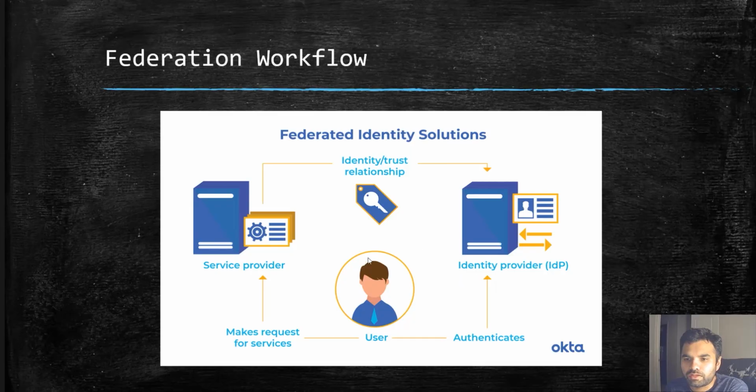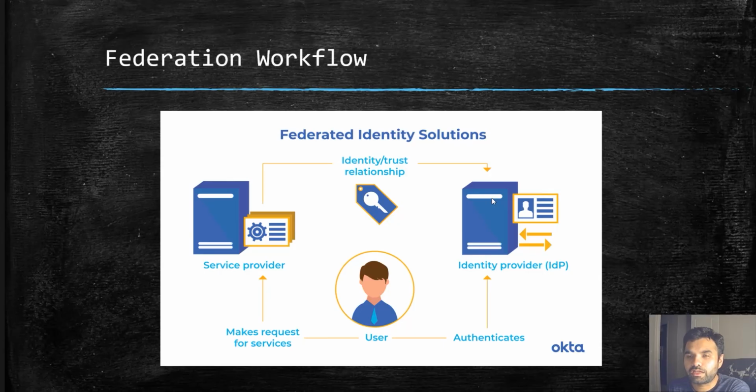Now before all of this, what happens is this service provider, there could be multiple, right? As I said, there could be 10 different applications in your corporate that you want to access, and there's an identity provider. In our case, it's Okta, but it could be your own identity provider. It could be your own system that will authenticate the user. Whichever system authenticates the user is called the identity provider here.